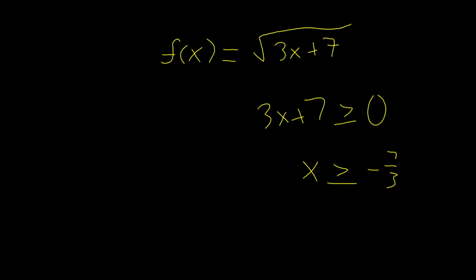Negative 7 over 3. And 3x plus 7 has to be greater than or equal to 0. So that means x has to be greater than or equal to negative 7 over 3. Because if we put in negative 7 over 3 as x, the function equals 0. So this is the domain of this radical function.